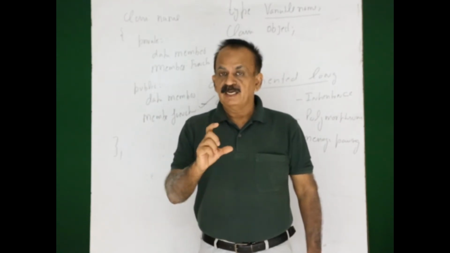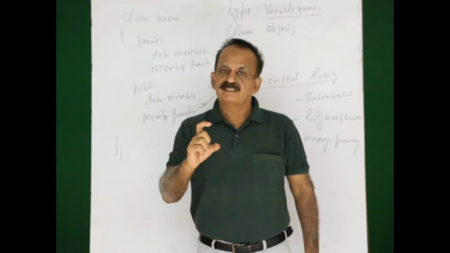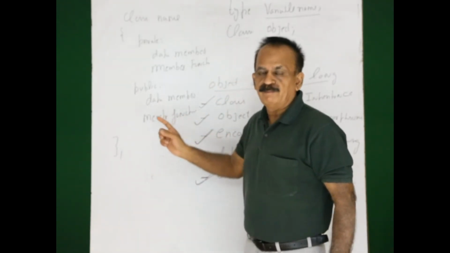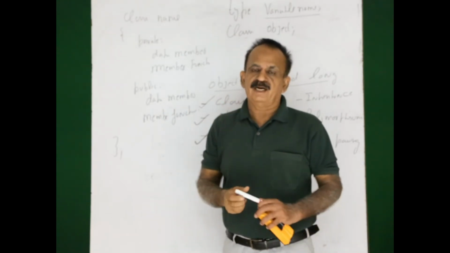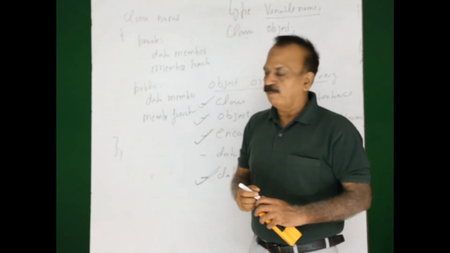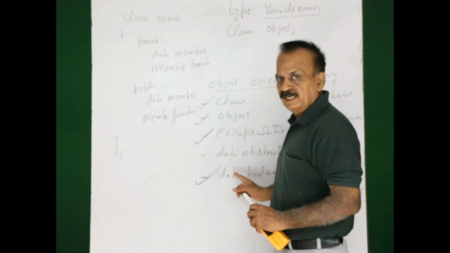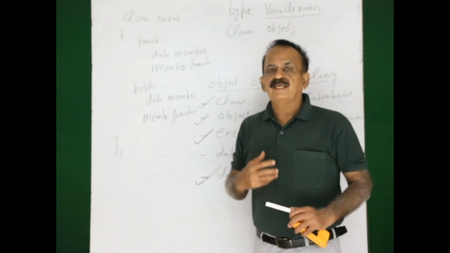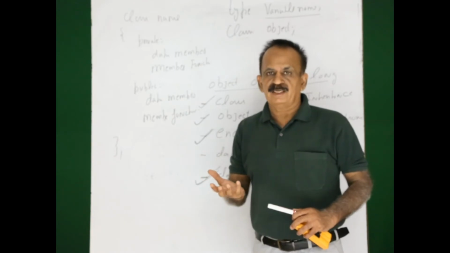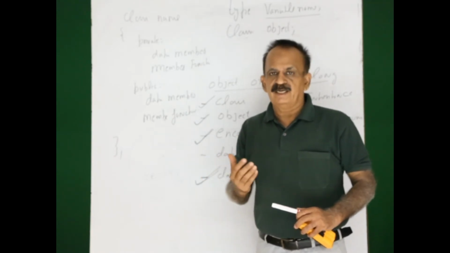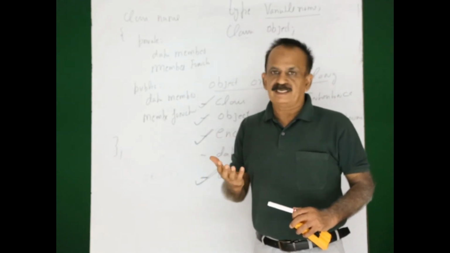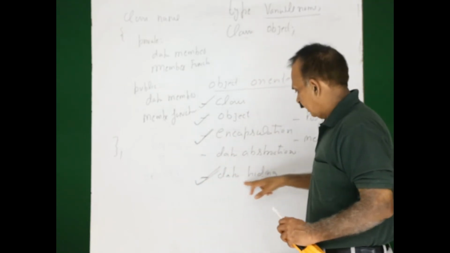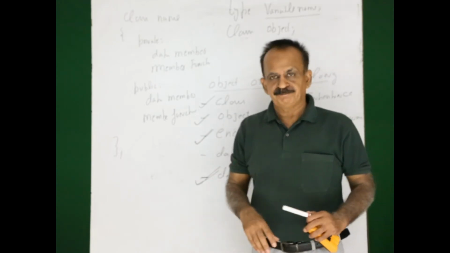That means there is an authenticated way of accessing the data. The data can be accessed only through the public members. So authentication of data access increases by this feature, and the feature is data hiding. Making a certain part of the class, mostly data, not directly accessible to the user is known as data hiding.